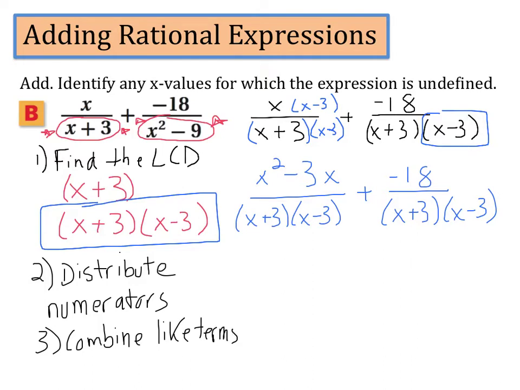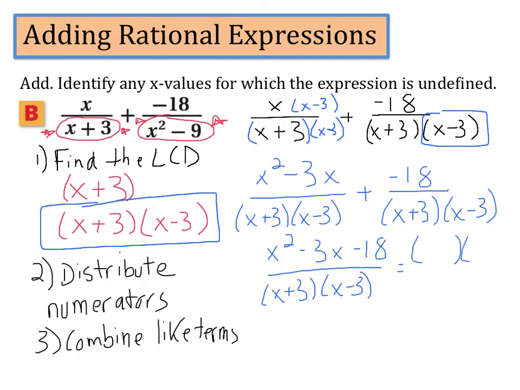So when I combine like terms, I'm going to have x squared minus 3x minus 18 over x plus 3, x minus 3. Now we're not done here, because actually I can factor my numerator. There are two terms that I can multiply together to get 18 and also combine to get 3. So I need x's here.